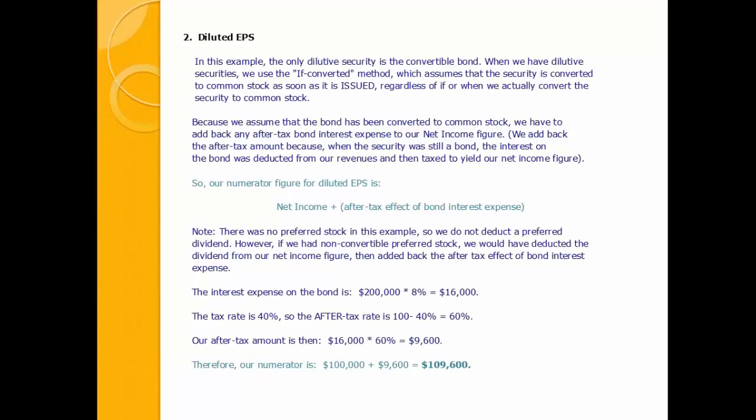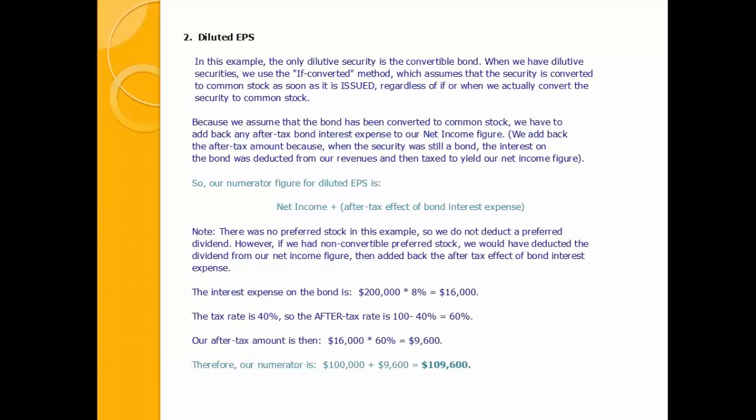Because we assume that the bond has converted to common stock, we add back any after-tax bond interest expense to net income. We add back the after-tax amount because when the security was still a bond, the interest on the bond was deducted from our revenue and then taxed to yield the net income figure.